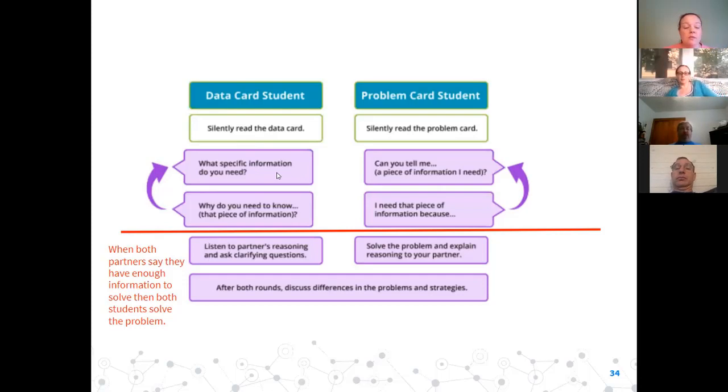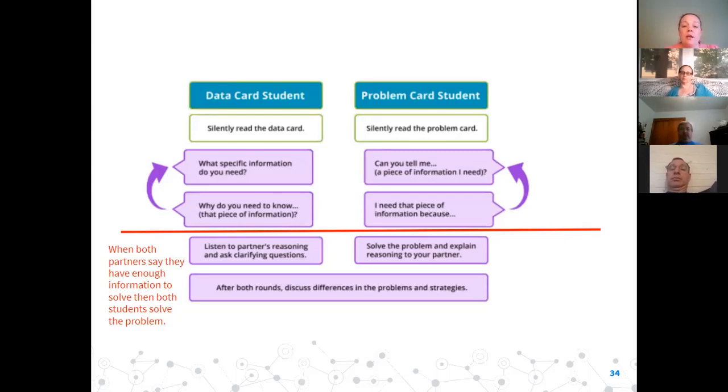They're going to say, what specific information do you need? And the problem card will ask a question. Can you tell me how many apples are in a bucket? And then the data card will say, why do you need that information? And the problem card says, I need that information because I have to find out how many apples there are in 10 buckets.